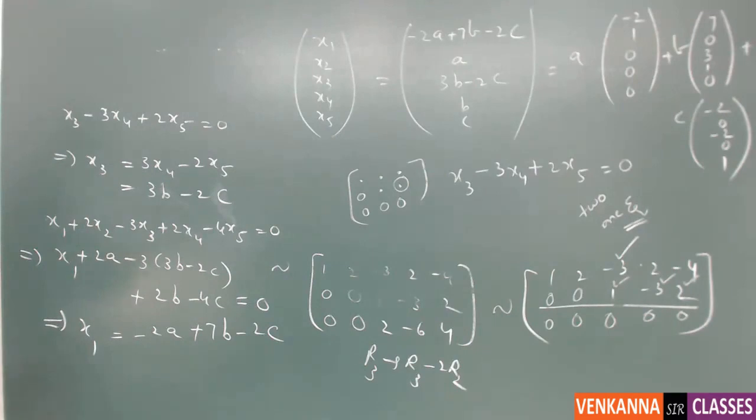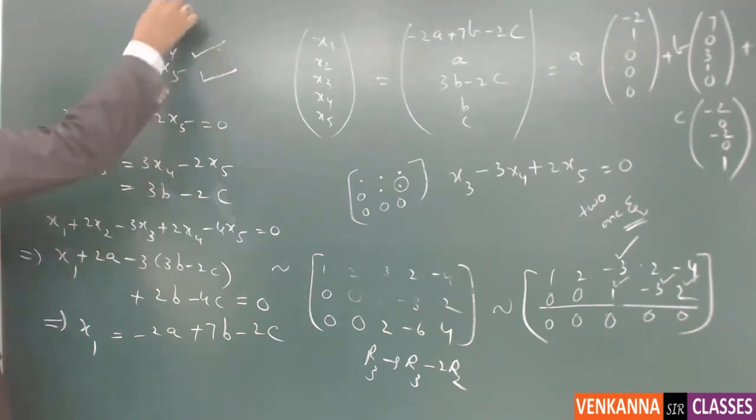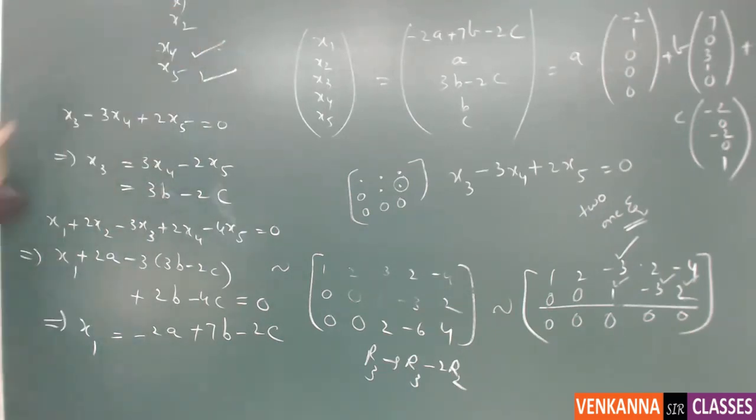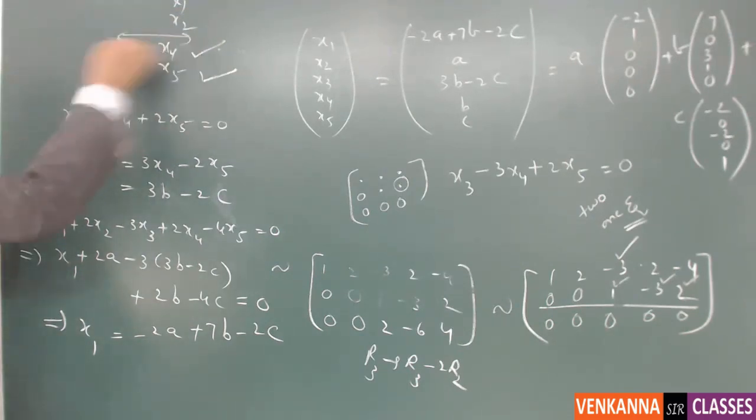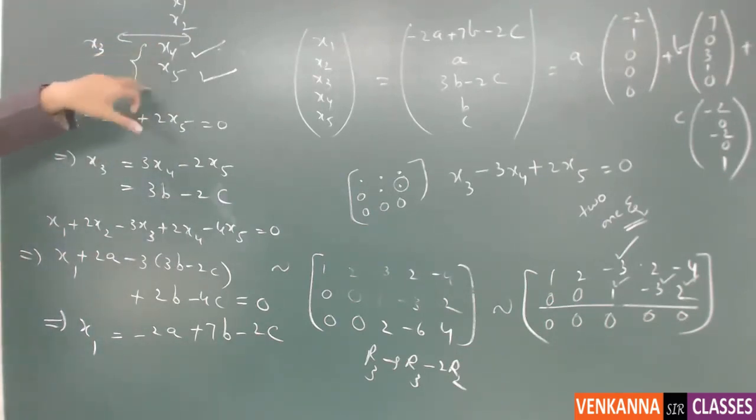Any doubts? So x4, x5, usually we take as constants. Among x1, x2, you can pick any one, either x1 or x2. So from this, x3 is dependent on these two, x4 and x5. That's it.